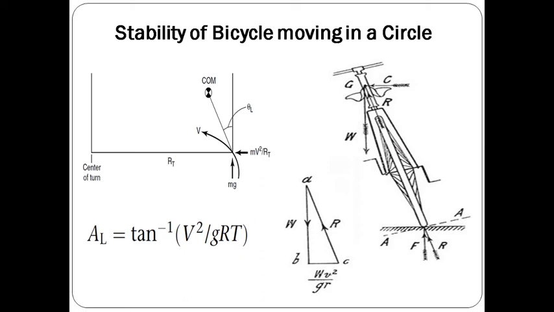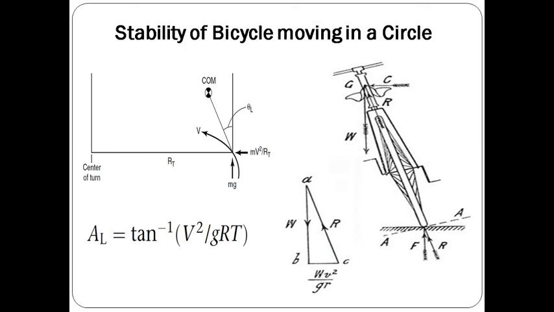The only forces acting on the frame are the weight W, acting vertically downwards at G, and the reaction from the ground, R. Thus the resultant force of these two, the weight acting at the center of mass and the reaction at the point of contact R, must be equal to the horizontal radial force, that is W V square by G R, or M V square by R. That is the balance force.